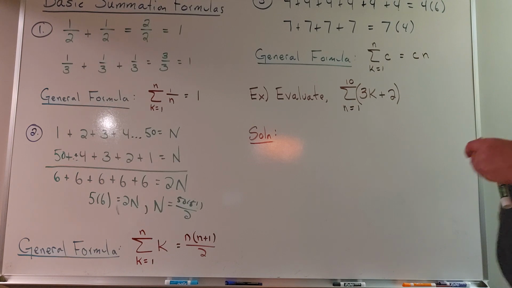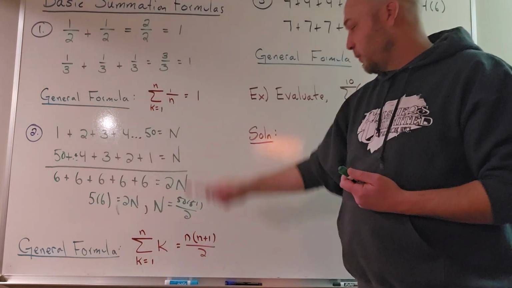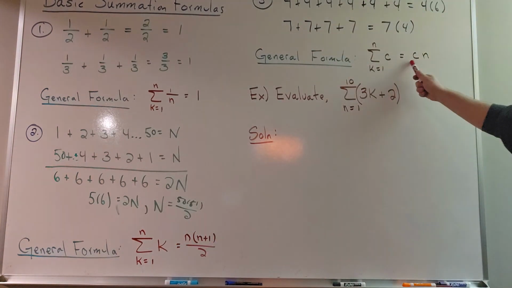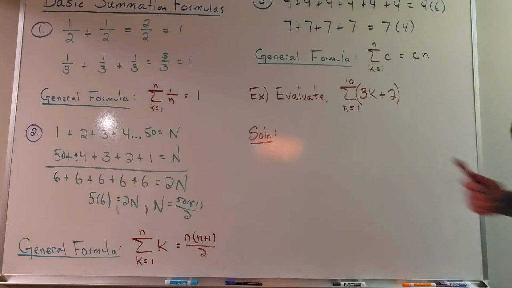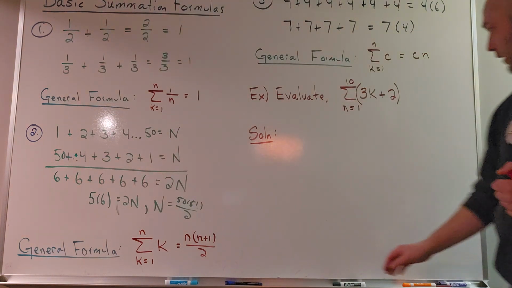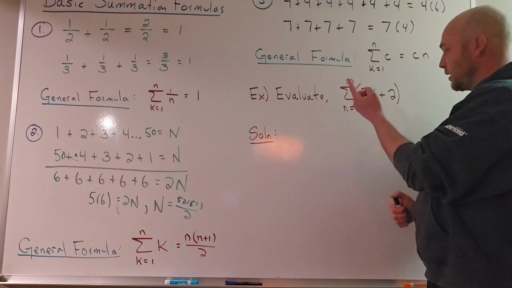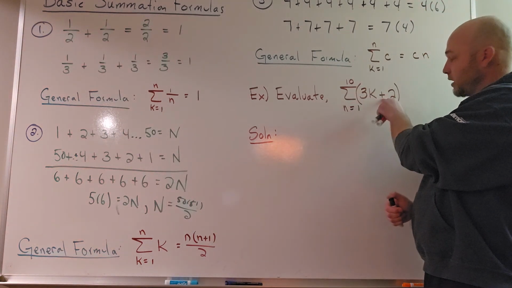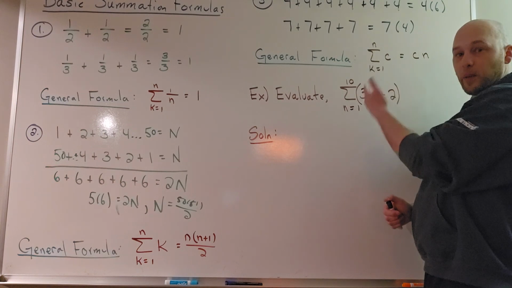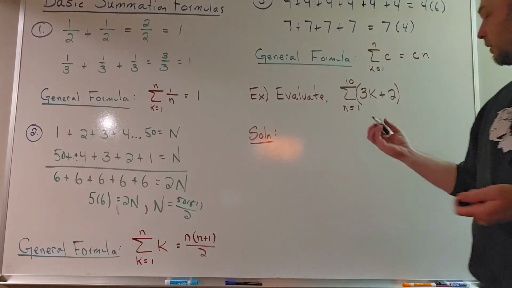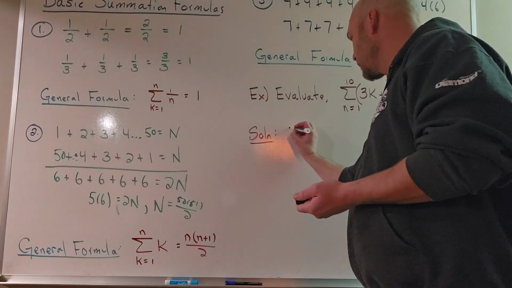Okay. So we're going to use, I guess not this one, but we'll use this one and this one to evaluate this summation. To evaluate this summation, we can use properties of sums, that the sum of the sum is the sum of the sums. Meaning, I can separate this as follows.